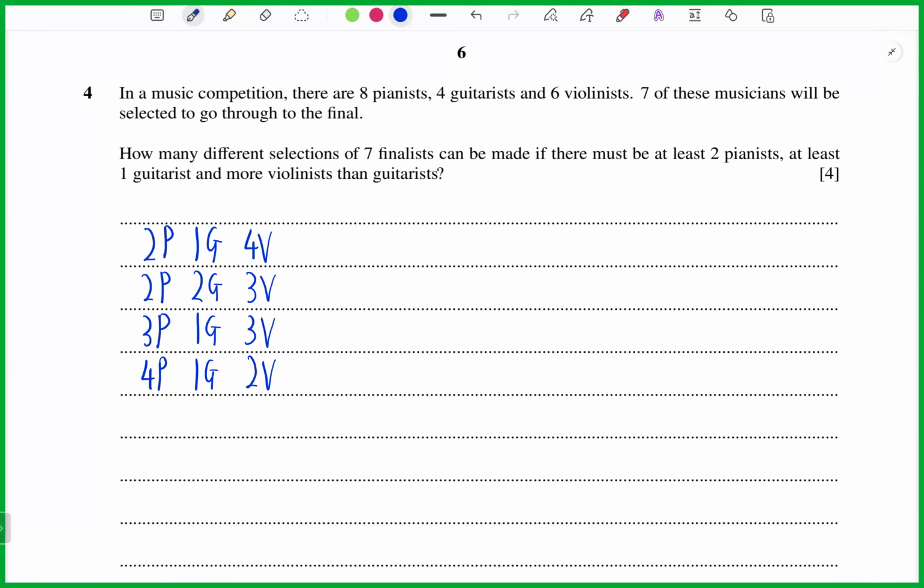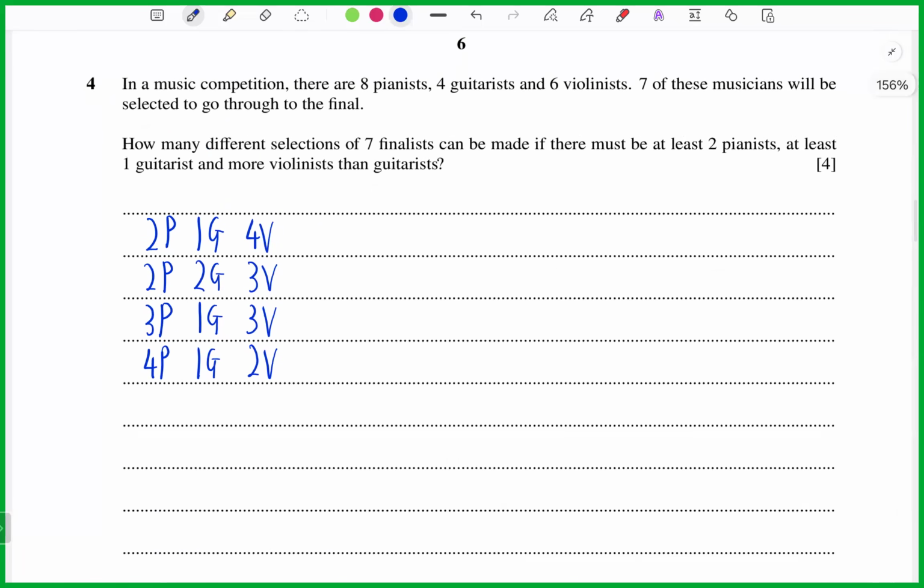So I try to calculate now. 8C2 multiply 4C1 multiply 6C4.